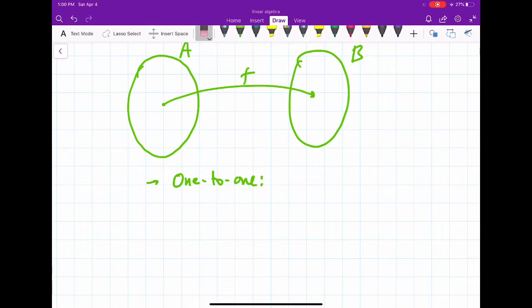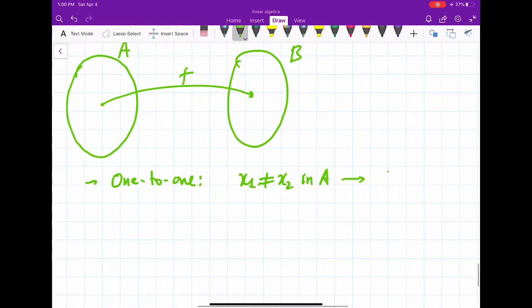if you pick different x1 and x2 in A, that will give you different images f(x1) and f(x2). Makes sense? That is one-to-one. So that means for each x1 you have one y1, right? And if you pick another one, you have a different image.